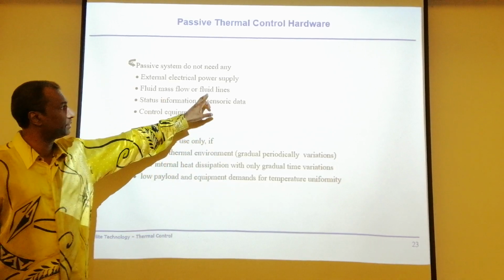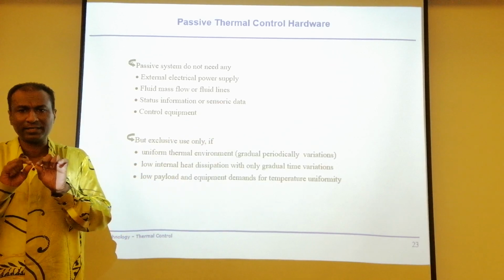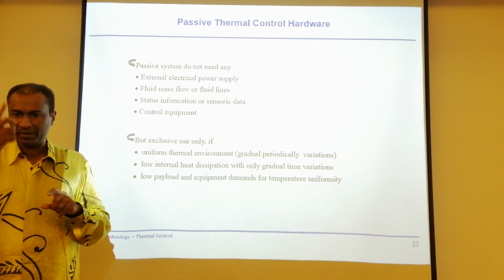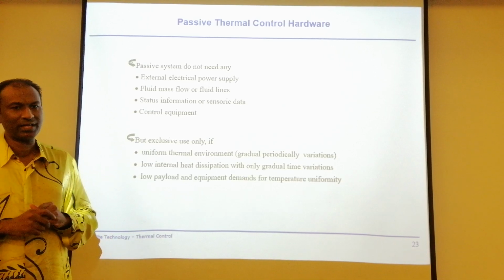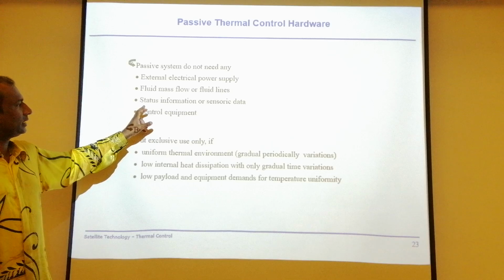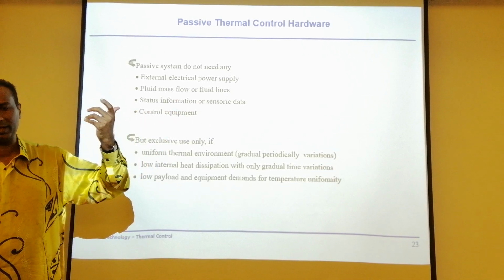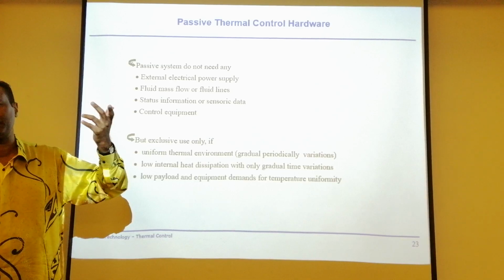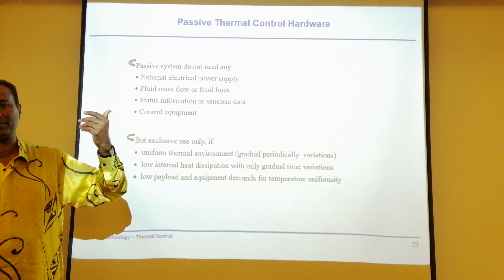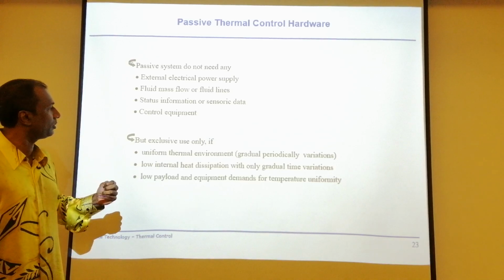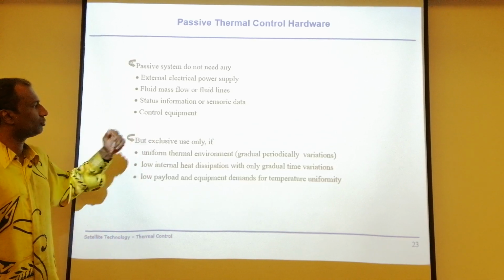But fluid lines, you have just like the heat pipes, thin loops just to reject the heat. You will see that as well. Then there are sensors. Normally you have thermometers to look at the actual temperature, to monitor, and the control equipment.